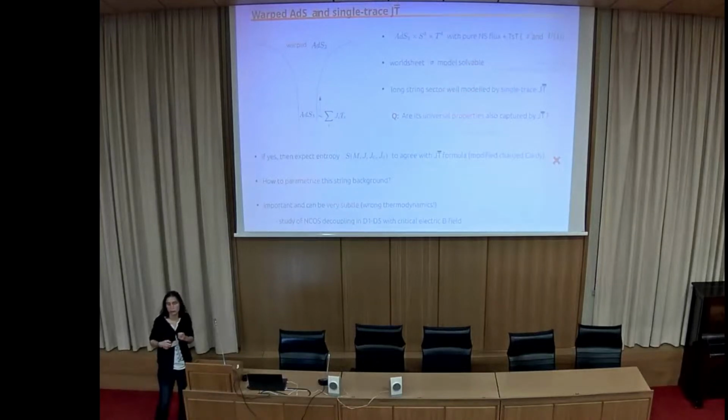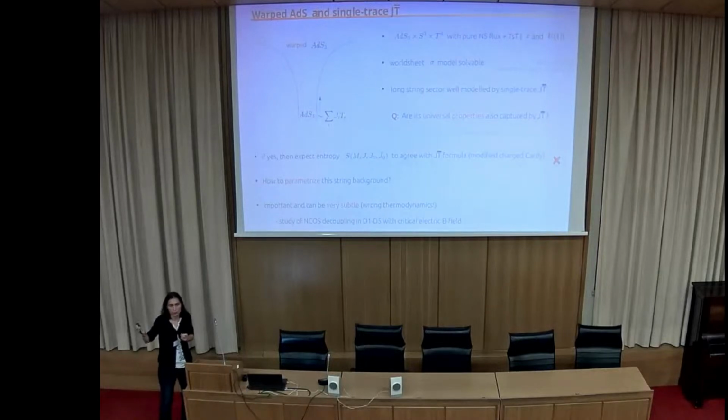Okay, so this is something that has been done both for JT-bar and for TT-bar. For JT-bar you have to take 3 directions, and one is on S3. For TT-bar you have to take 2 directions in AdS3, and then you get similar results. The only problem with this is that, as you well know, the purely NS AdS3 background is sort of a singular point in the space of backgrounds. So at the AdS3 point it's not very clear what these long strings do from a CFT point of view.